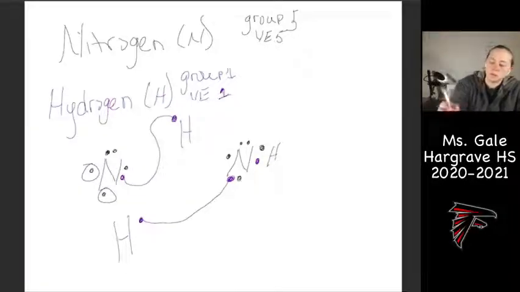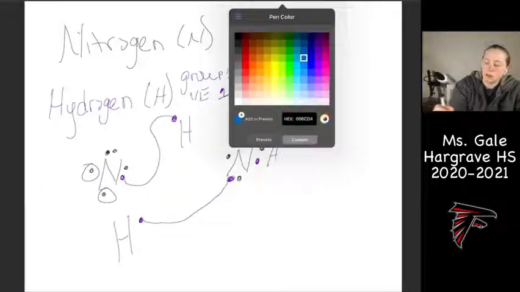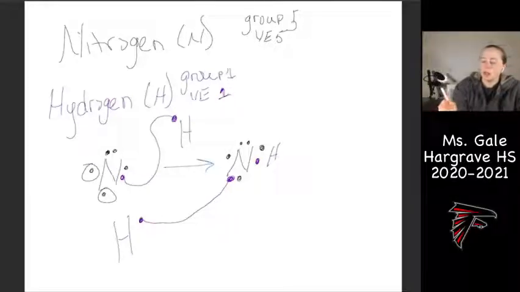So this is what I'm going to do. Oh, that's too light. I'm going to darken this up so you can see the pathway that we're going. So we've gone this way, okay? That was one bond. We have a second bond, which is going to now come to two hydrogens bonded to nitrogen.